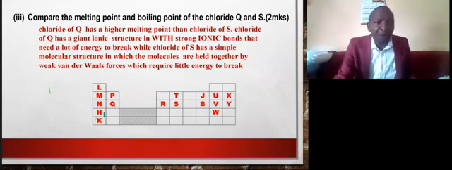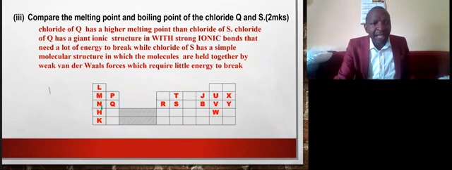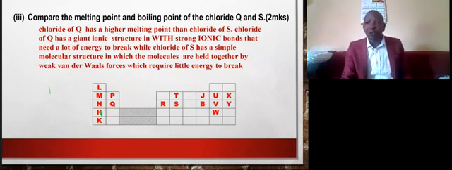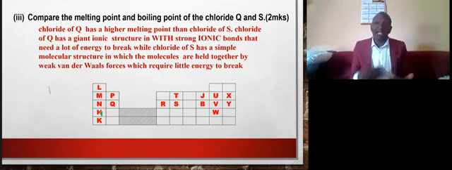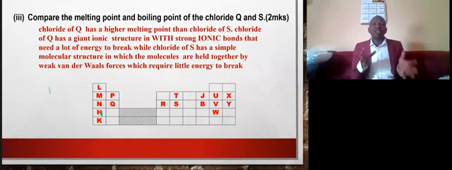For example, you can be told to compare N and H. Haven't we done a question like that? Compare the melting point of N and H. So I want to give you the tricks. If you use that octopus technique, you'll be able to understand how to summarize that. So this is the trick.